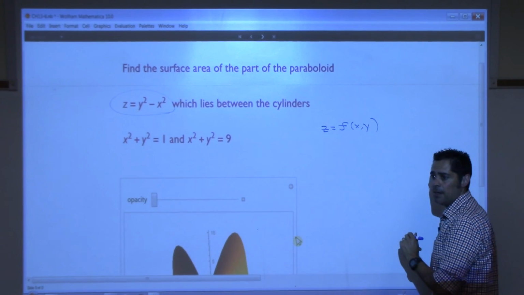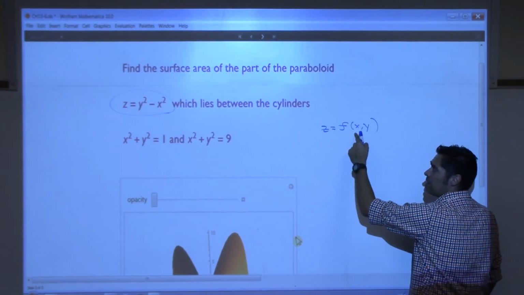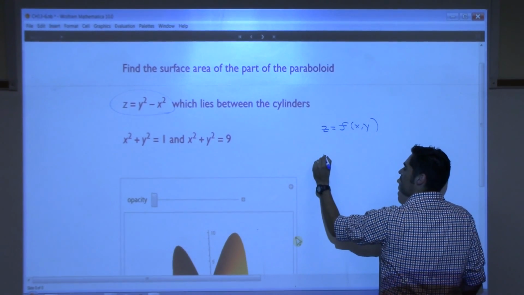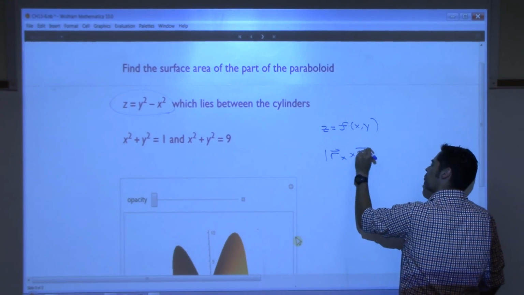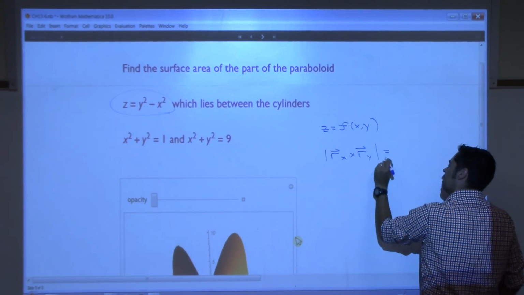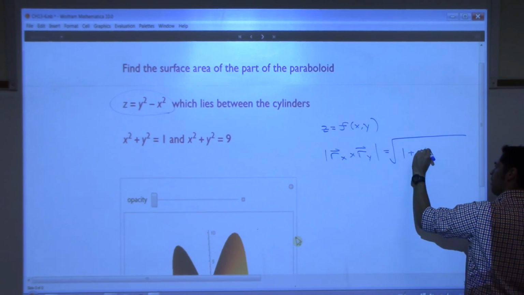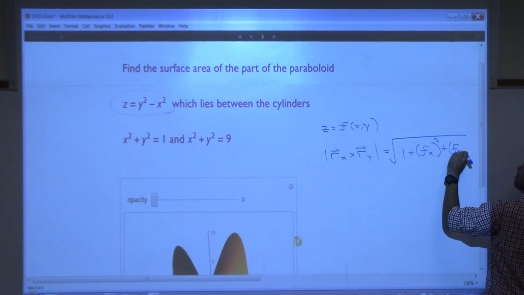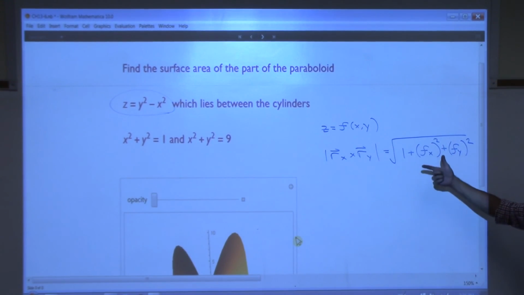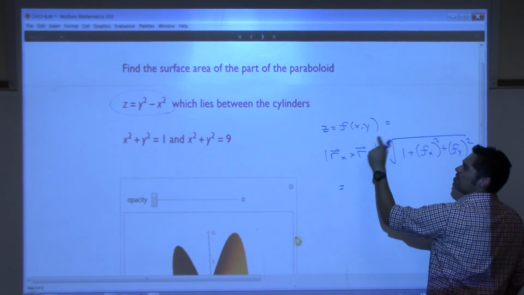That makes me happy, because if z is strictly a function of x and y, then the magnitude of the partial with respect to x crossed with the partial with respect to y should be equal to the square root of 1 plus, I'm going to write it this way, partial of f with respect to x squared plus partial of f with respect to y squared, which was the formula I gave you on the previous page. Now, for us, what would that be? I should have written what the function is. What is the function? Sorry.